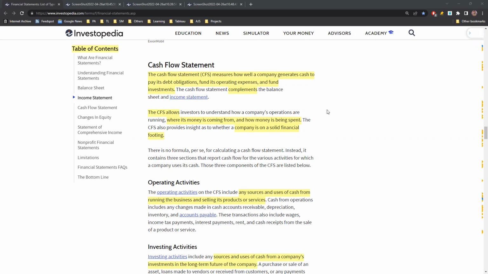The reason there is a need for this sort of statement is that it helps all the stakeholders. Let's say a company is applying for a loan. The lenders, not necessarily a bank, someone else can also be there, can look at the cash flow statement and see how financially sound the company is or not.